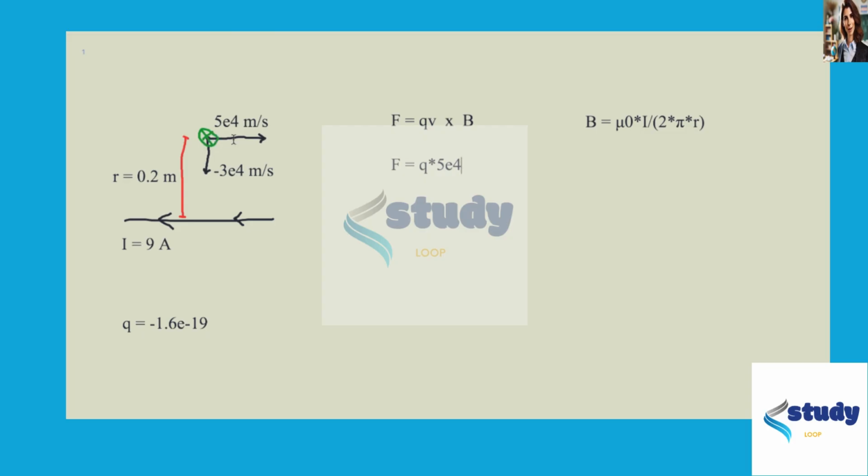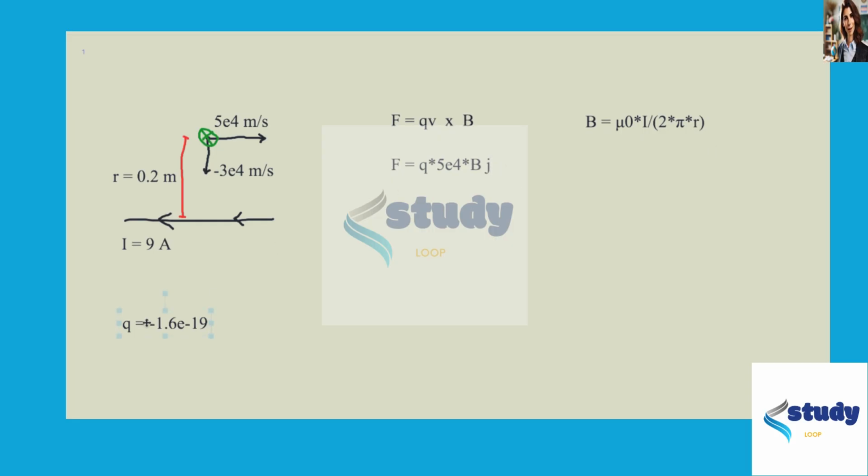Using the right hand rule, that gives us the plus y direction, or the plus j hat direction, for the result. Since these two vectors are completely perpendicular, we don't have to worry about the angle between them. So we can directly multiply this by B, which we have over here, and this is again the plus y direction, a j hat component.